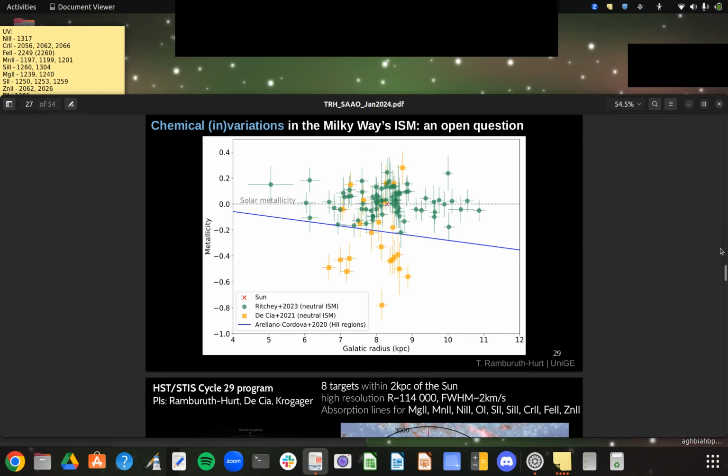What's important to note from this plot is that the Ricci paper and the Diccia paper are both probing the same type of gas, the neutral gas. But one paper finds very small variations in the metallicity, while the Diccia finds much larger variations in the metallicity. So this project is based on trying to find where the level of variations really lies.